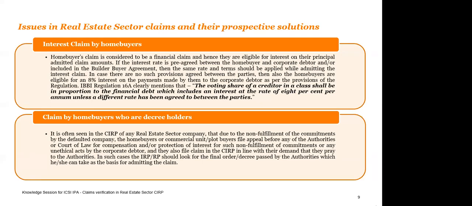But in the situation you are describing, a rent loss, meaning whatever rent he lost due to the delay, ideally does not form part of financial claims, so that can be treated as other creditor claims.